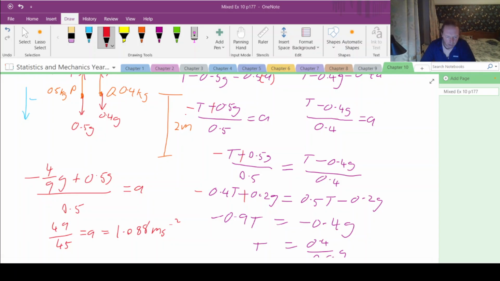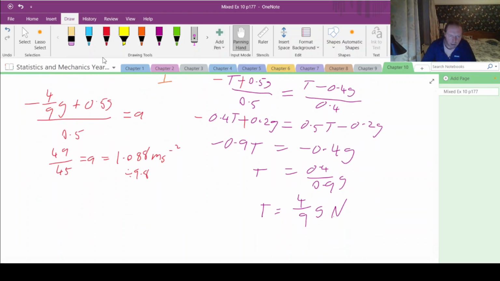So yeah, I was looking at this trying to decide what's going on with it, but if we divide it by 9.8, that actually then comes out as 1/9 g meters a second minus 2. Okay, so both answers are valid there. I just didn't leave it in terms of g. They never told you to, so you don't really have to.